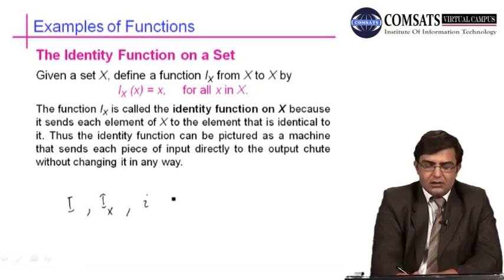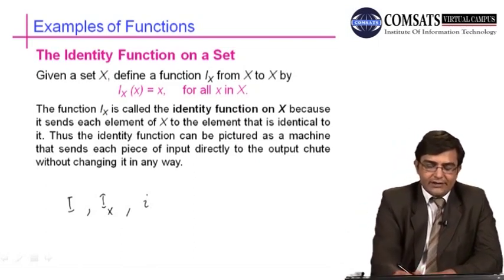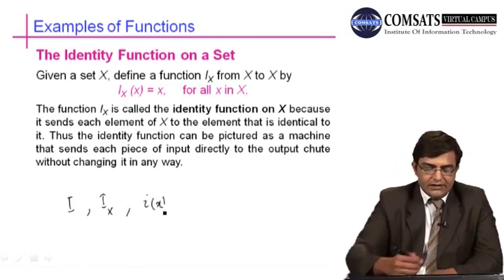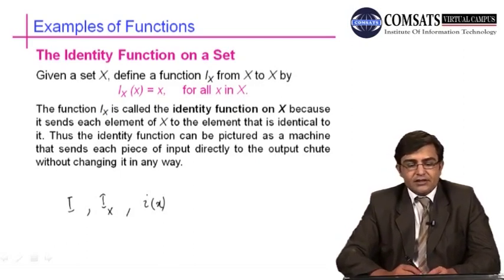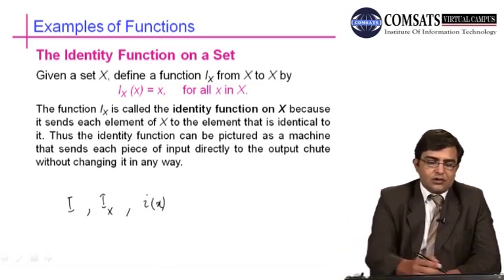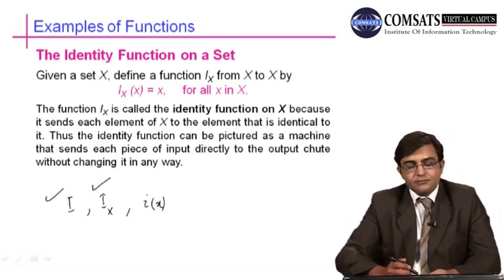Some people define it by small i of X, or many other notations are there for the identity function, but the most common which we use is this or this.